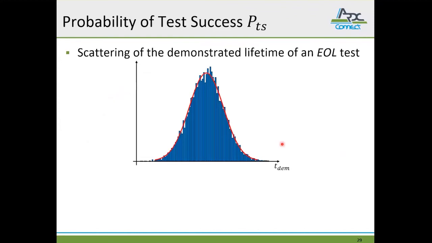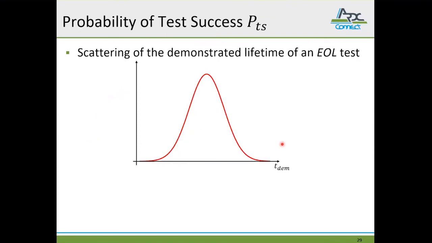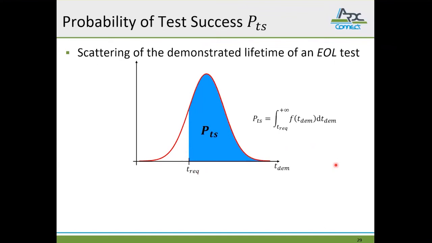And of course, we can find some distribution describing this scattering. If we now have a look at our required lifetime of the product, some of the demonstrated lifetimes of the test will fall to the left of our requirement, and some, hopefully most of them, will fall to the right. If we take the area in blue here, under this distribution, it's the probability of test success.